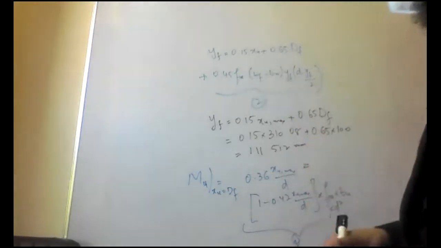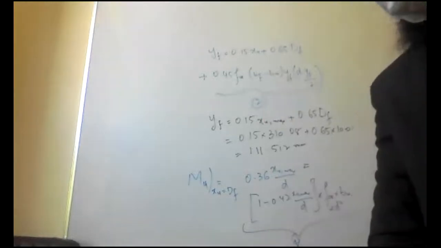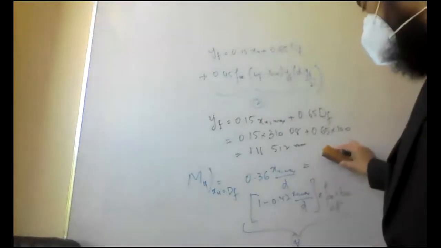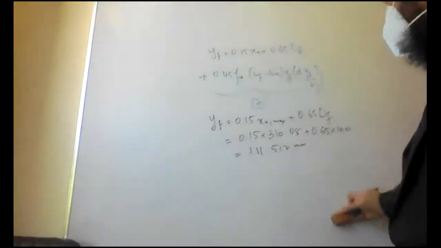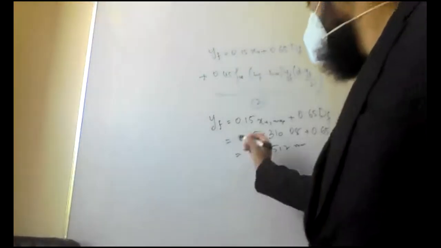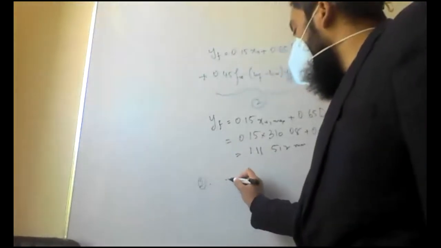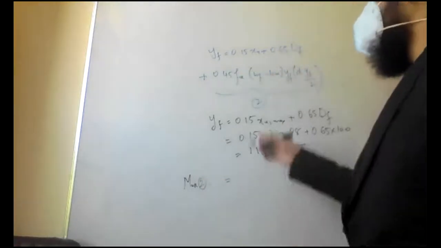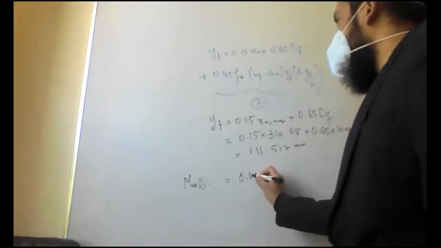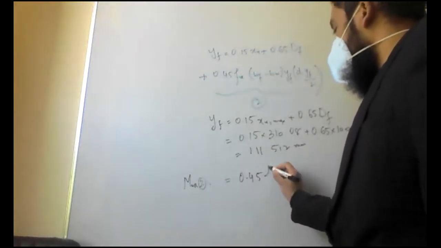So your this value part 2, how much would that be now? If we are determining the value of part 2 of MUR, it would be 0.45 FCK.